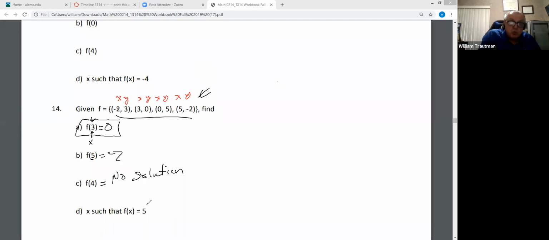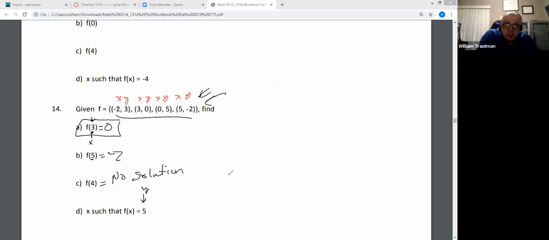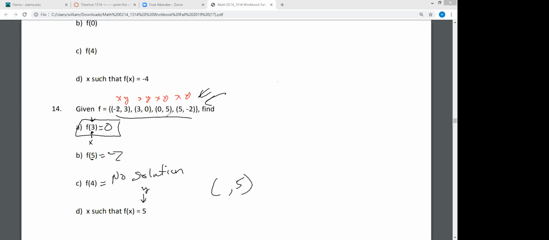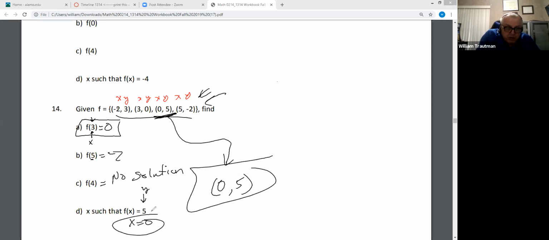What about this one? Remember, what does the 5 represent again? What letter? Y. The y value. So up here in our function, the y value is 5. What does the x value equal? 0. Yes, this one. That's an easier one though. So x equals 0 for this one.